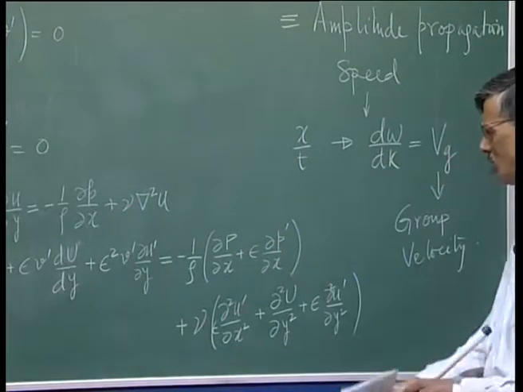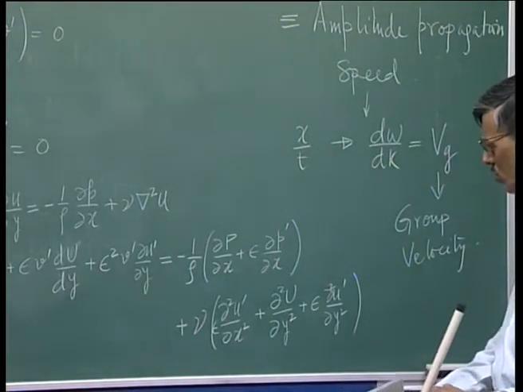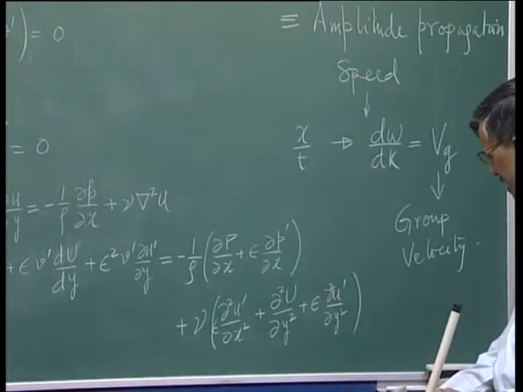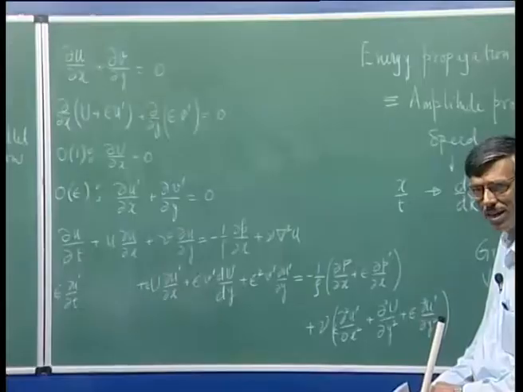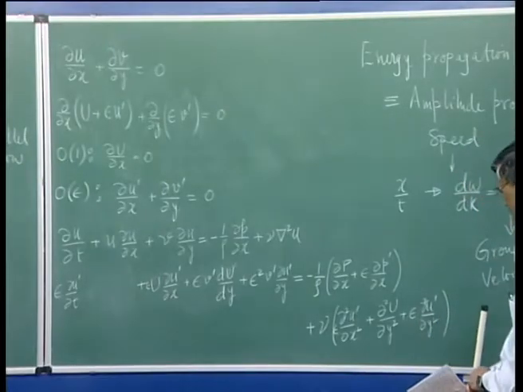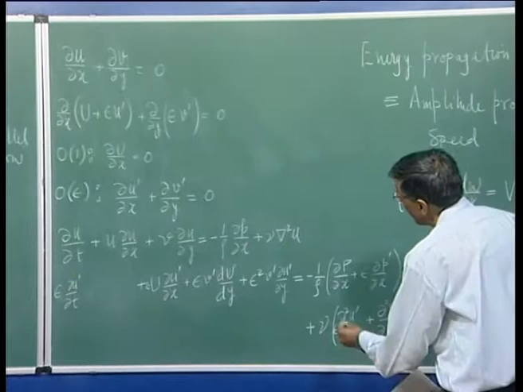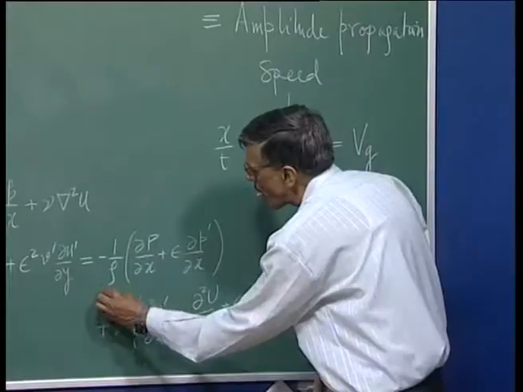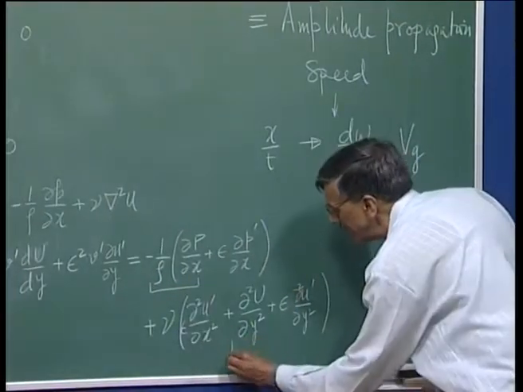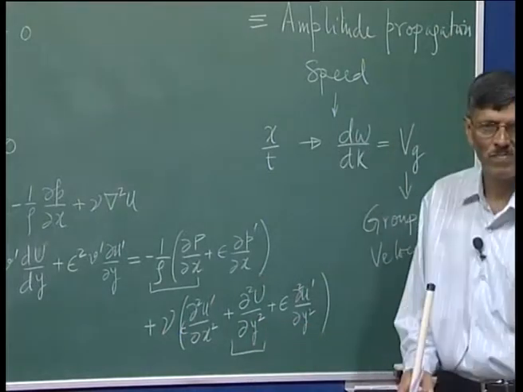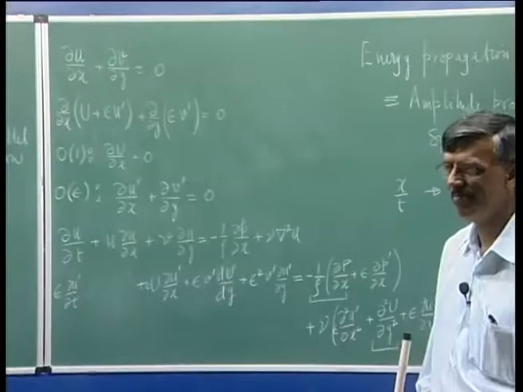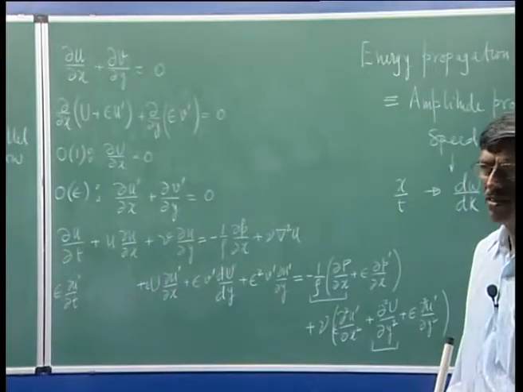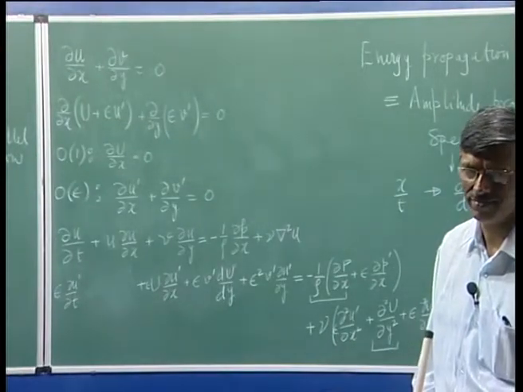Now, see what we are doing. We are of course looking at order 1 quantity, right. So, what happens? The order 1 quantities are here and here, right. So, what does it tell you? This is like your channel flow equation.